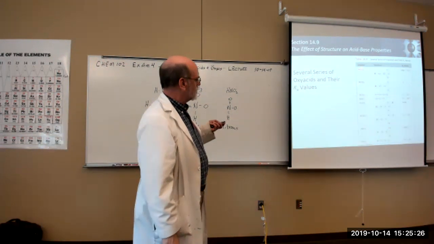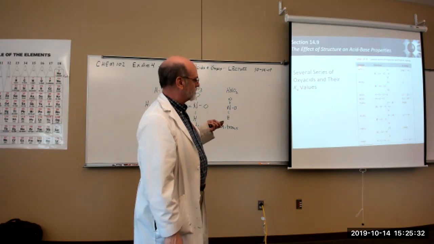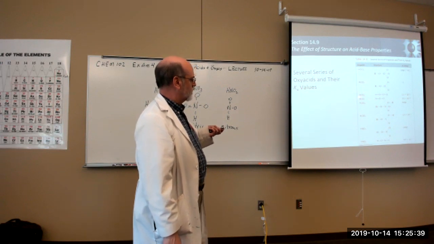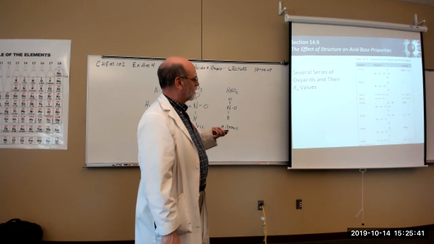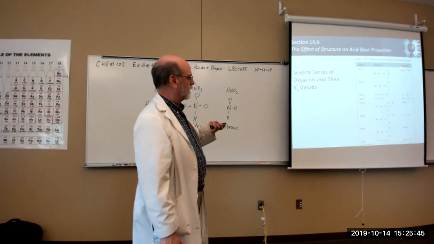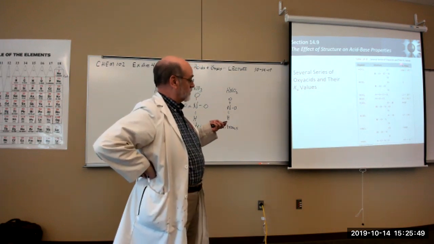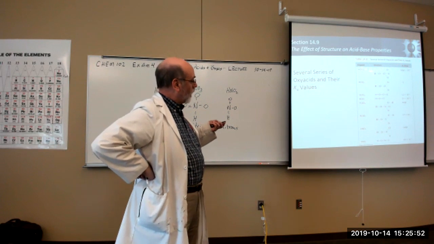So this is actually a better example because you have more members of the series. So there's perchloric acid, there's chloric acid, there's chlorous acid, and there's hypochlorous acid. And notice this has a very large, well, I wouldn't even say it has a K value. It's a strong acid. It's got 4 oxygens, right?